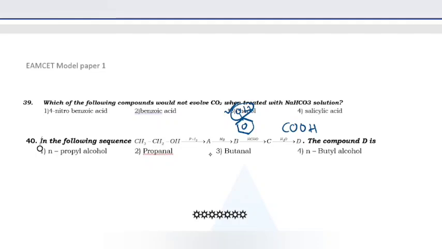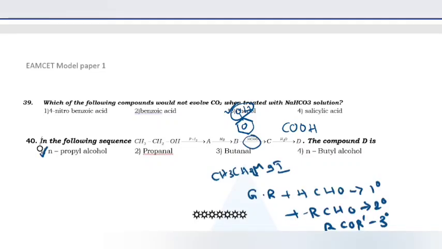So a primary alcohol with 3 carbons means the first one is the correct one, n-propyl alcohol. Because if you consider n-butyl alcohol, it contains 4 carbons, but the product must contain 3. So the correct one will be n-propyl alcohol.